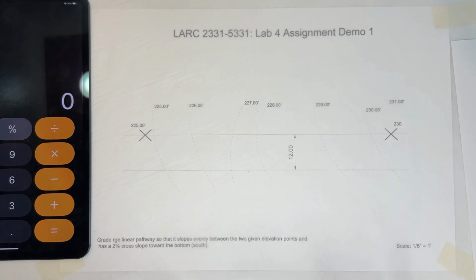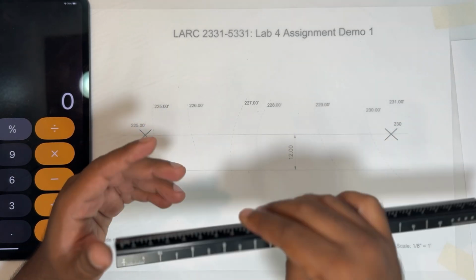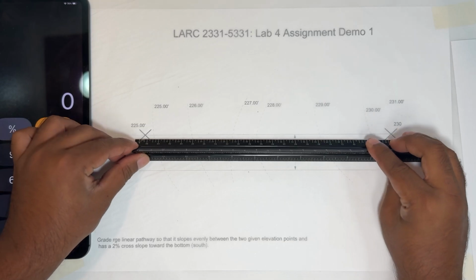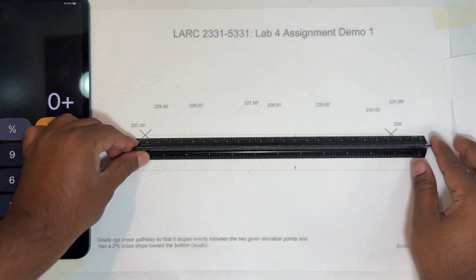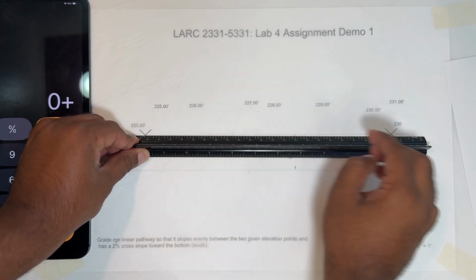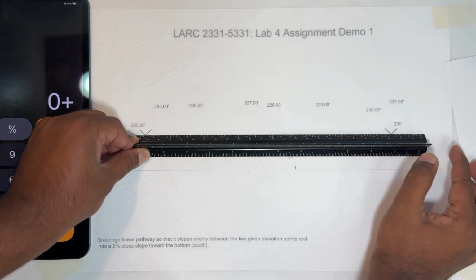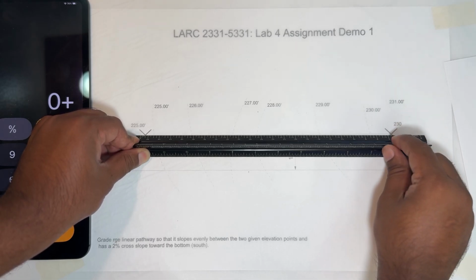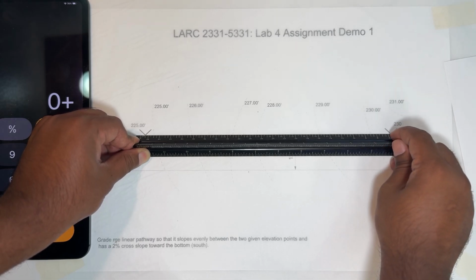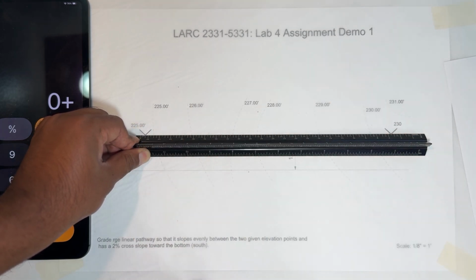So if we are looking for 1:8 in our scale here, create, this is the 0 right here. If we align this scale perfectly, this is 84, then 85, then 86. So the distance between this and this is 86 feet.